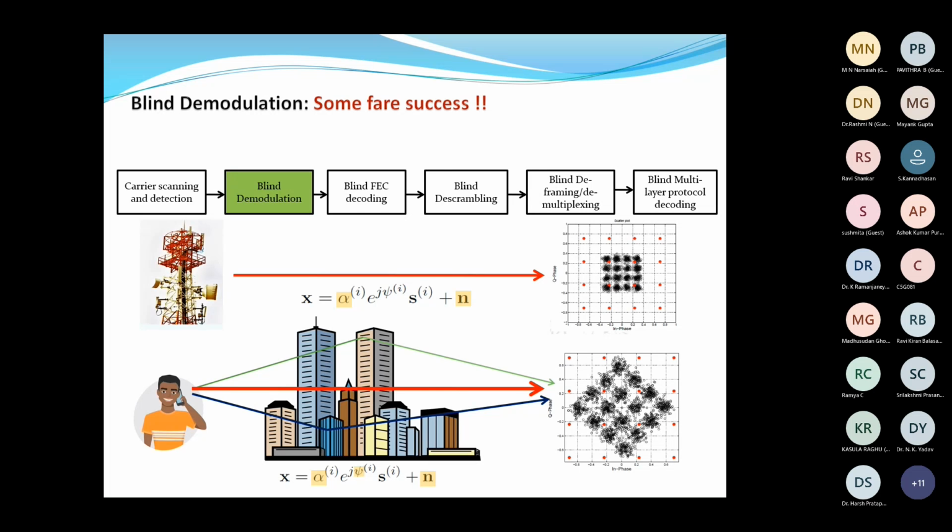Well, we have attained a certain amount of success in the blind demodulation block. The first scenario is where we have propagation loss but don't encounter much multipath effect. A typical example is interception of a signal from a satellite, where we don't encounter any reflections from buildings, trees or vegetation. So this is a pure case of resolving the amplitude uncertainty under Gaussian noise.